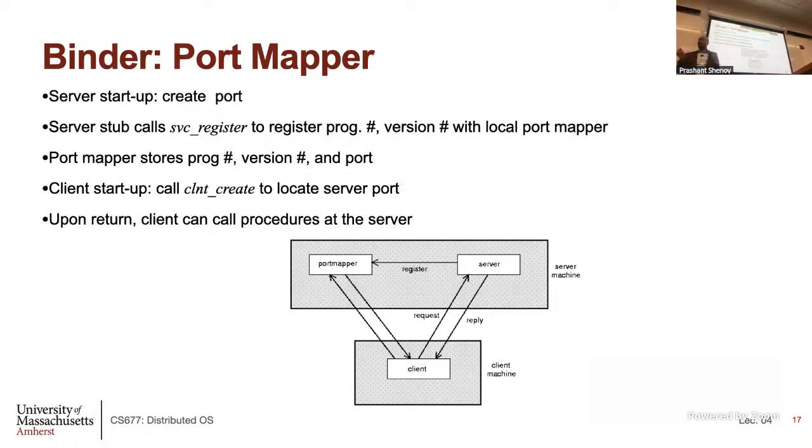So you can have a name and you have a version number. Okay, you cannot have two services running with the exact same name, because then when the client is asking the port mapper where is this service running, the port mapper will not know which of the two to return.